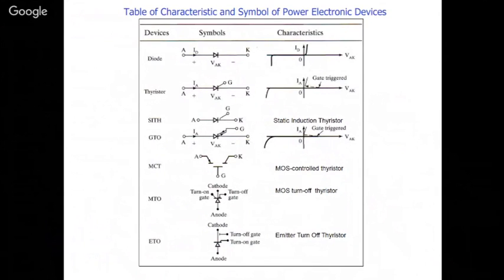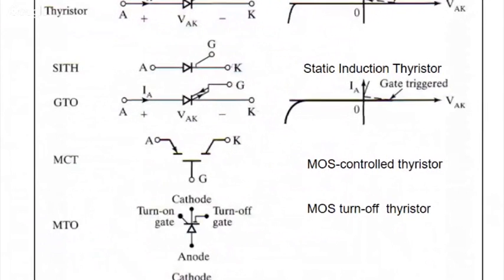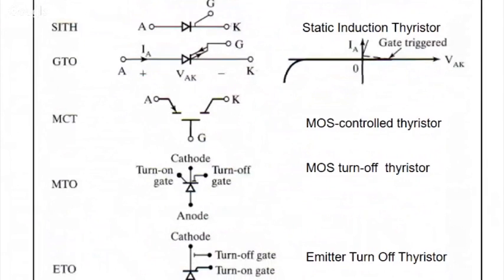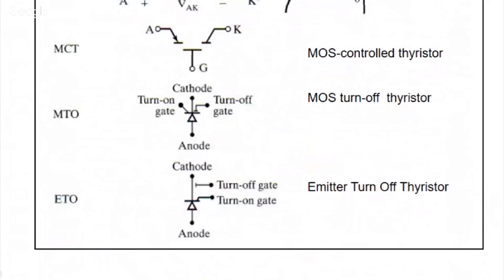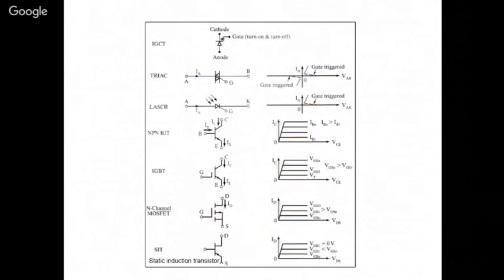And this shows a table of characteristics and symbols of power electronic devices. Here you can see the diode, its characteristics, the thyristor characteristics, a static induction thyristor, and the GTO. Then you have MCT, MTO, that is MOS turn off thyristor, and ETO, emitter turn off thyristor.